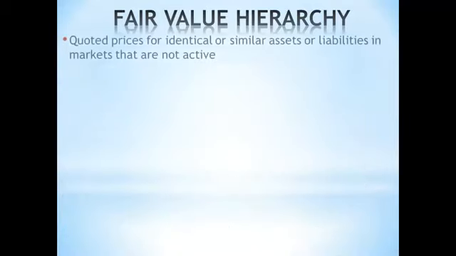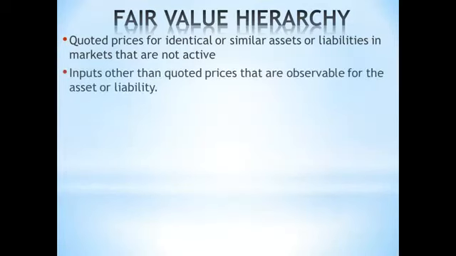The second one we consider is quoted prices for identical or similar assets or liabilities in markets that are not active. So here they may be identical, but the market in which they are found must not be active, and in that way you can use the level 2 input. Then inputs other than quoted prices that are observable for the asset or liability.